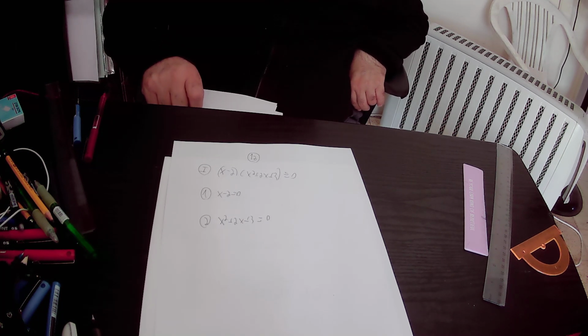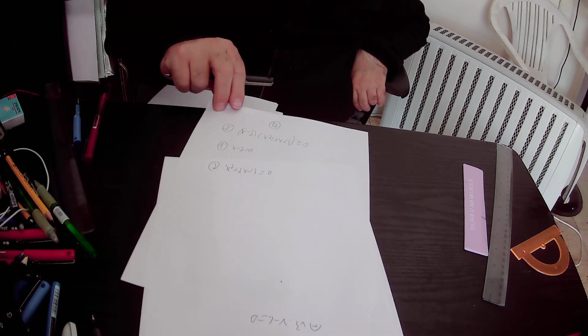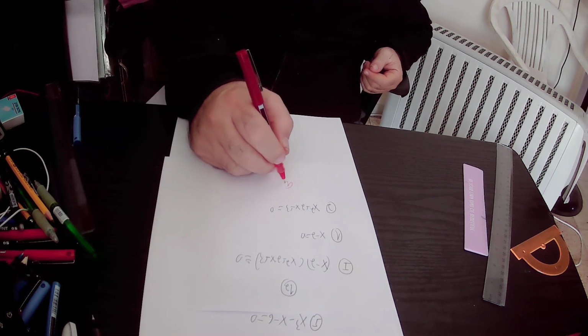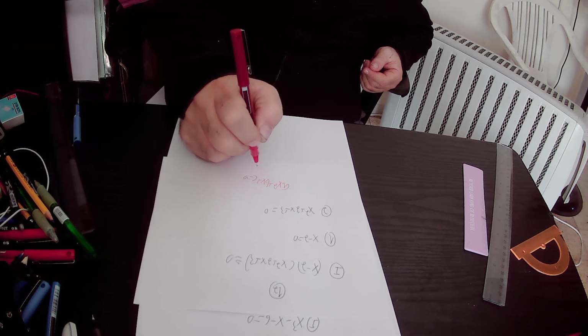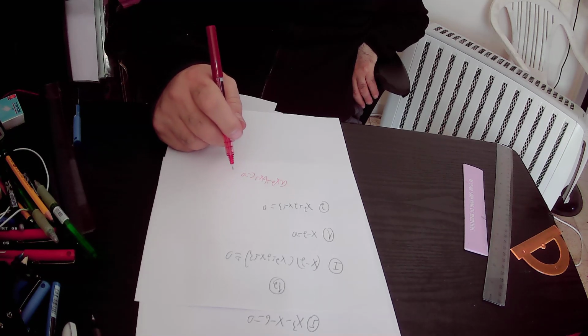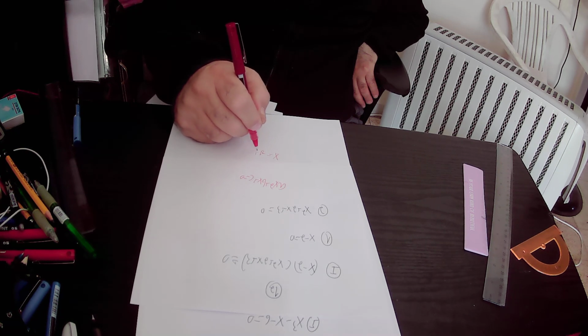So we know that the general formula of a quadratic equation is ax squared plus bx plus c equals 0. A, b, and c are the coefficients of this quadratic equation, and x is the variable that we are looking for. And we will find it according to a special formula.